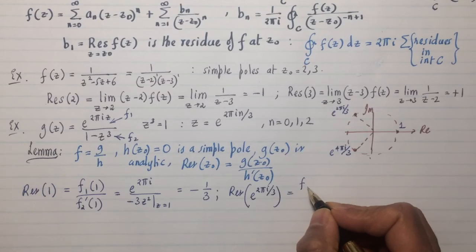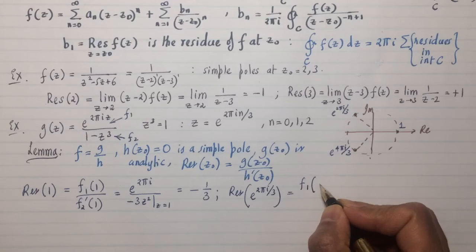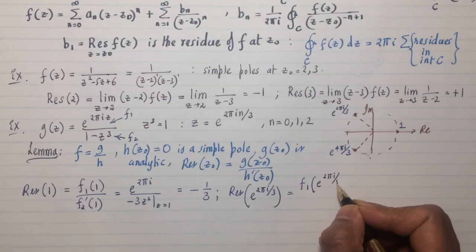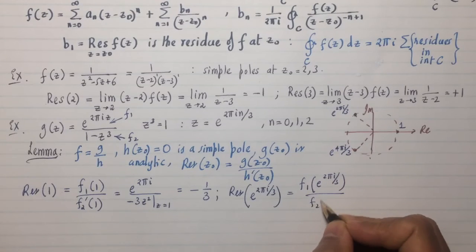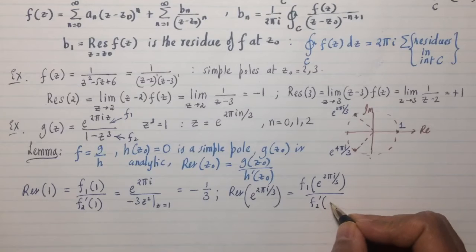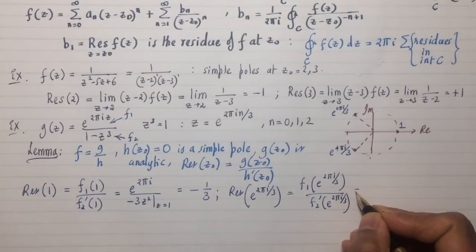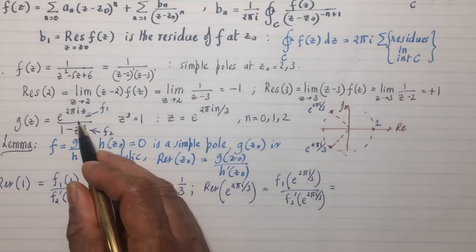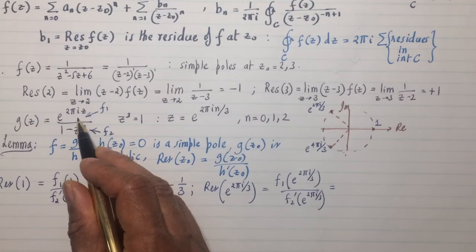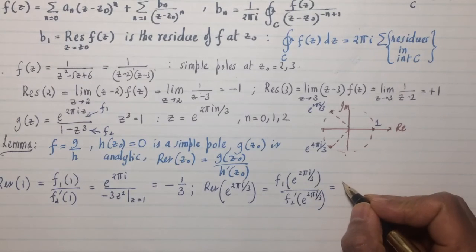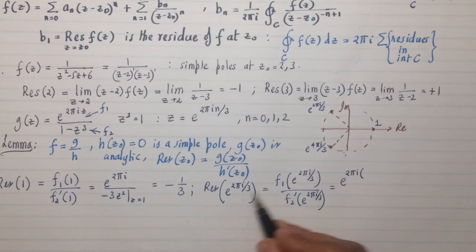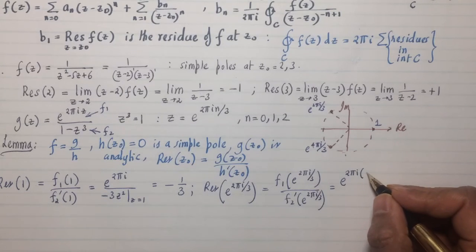It's going to be f1 at e to the 2 pi i over 3 divided by the derivative of the denominator at the same value. So now it's just a matter of doing this computation. When I substitute e to the 2 pi i over 3 in the numerator, I'm going to get e to the 2 pi i times, I'm going to expand what e to the 2 pi i over 3 actually is.